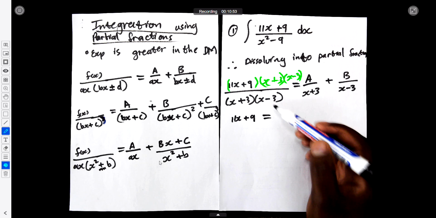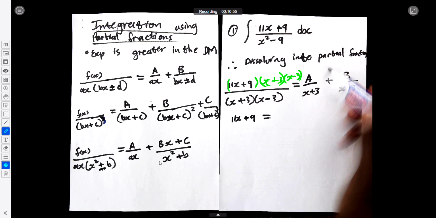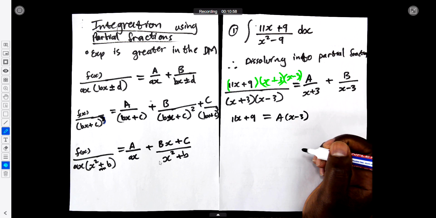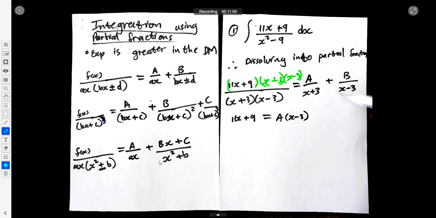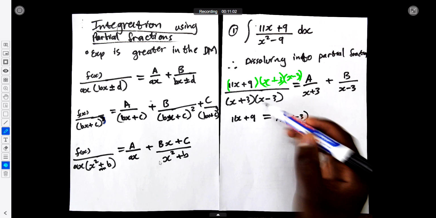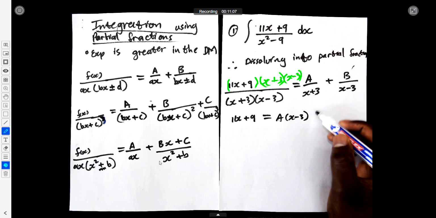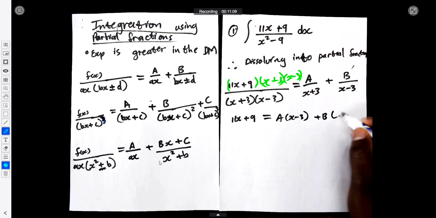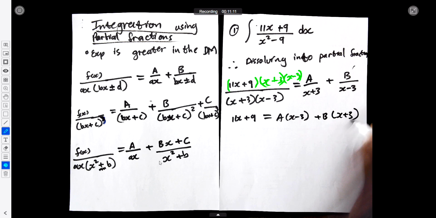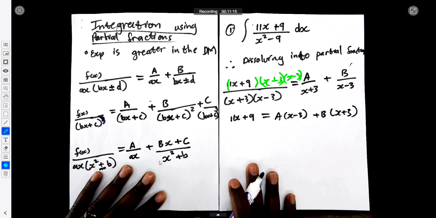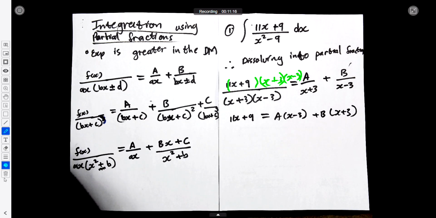So x + 3 will be divided, and we will be left with A times (x − 3). Same thing, this fraction must be multiplied by the denominator of the left hand side. So x − 3 is divided, therefore we have B times (x + 3). So that's what we have done.